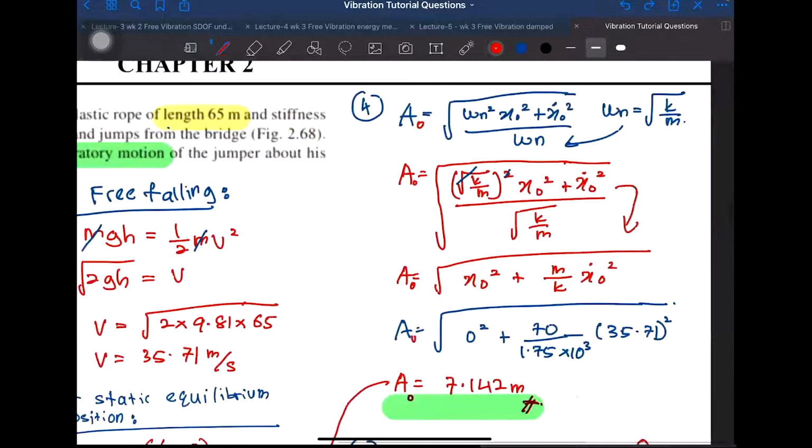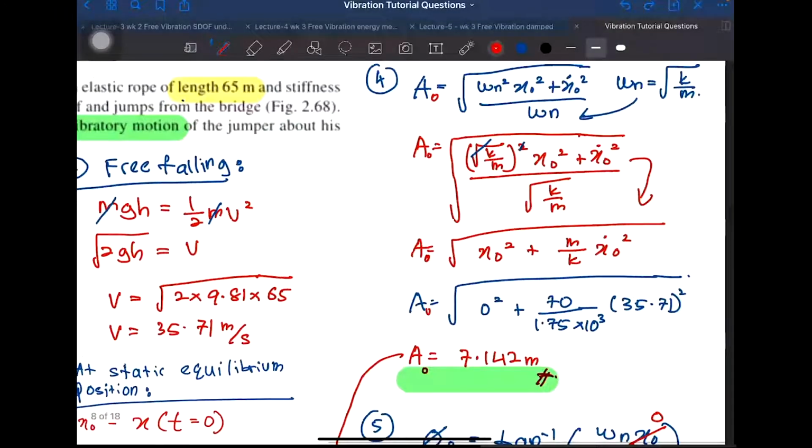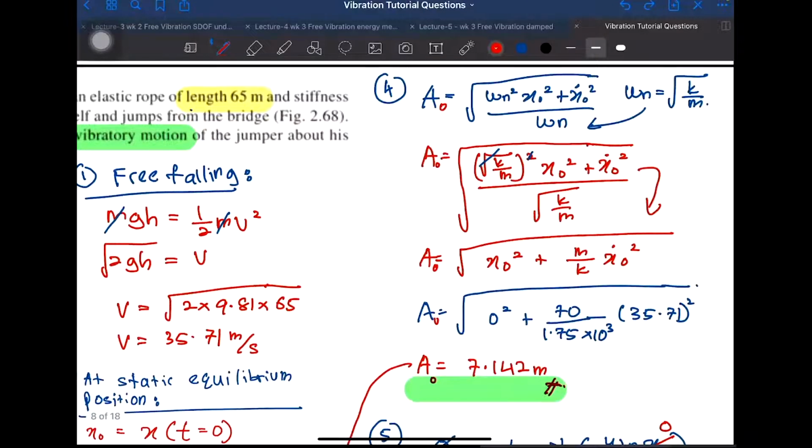Yes, correct, inside here, at the A naught. Wait, I calculate. You get 15.97 meter.